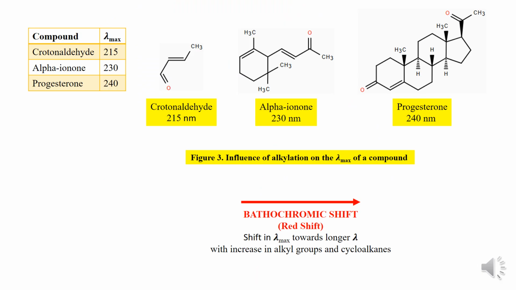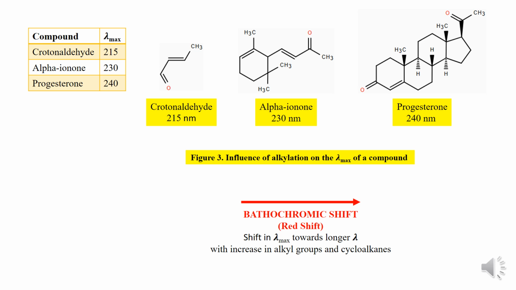Now moving on to the next factor affecting the bathochromic shift, that is alkylation. Now this figure clearly explains the influence of alkylation on the lambda max of a compound. So with the increase in the number of alkyl and cycloalkyl groups, there is a corresponding increase in the lambda max values.